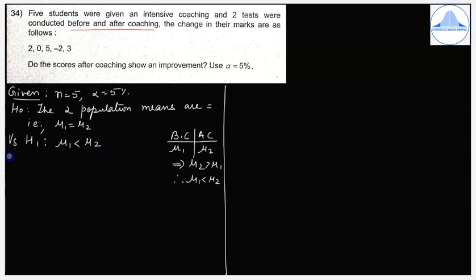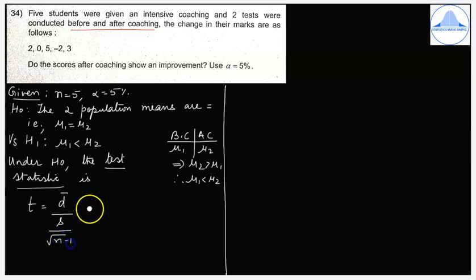Now let us write the test statistic. Under H0, the formula is t equal to d bar divided by s by root n minus 1, which follows t with n minus 1 degrees of freedom. So now let us do some calculations.